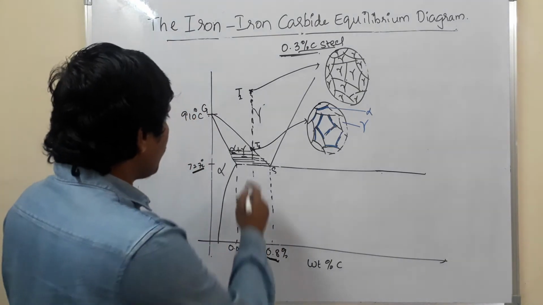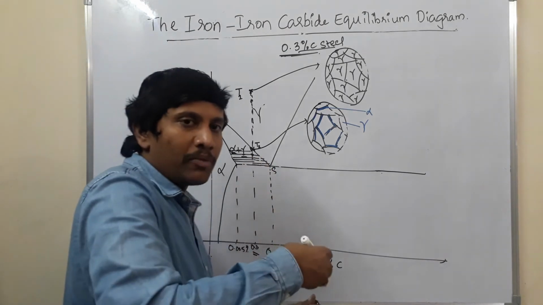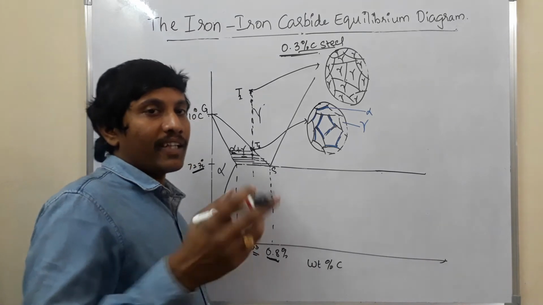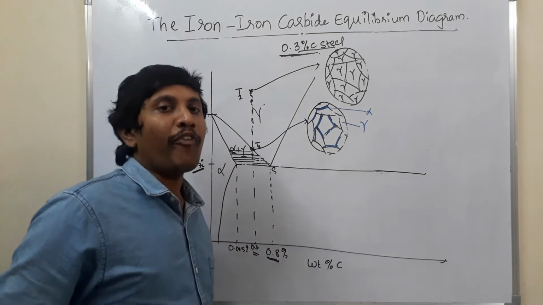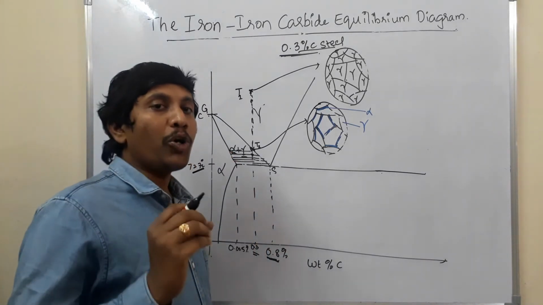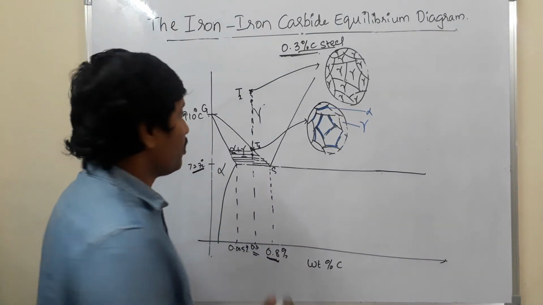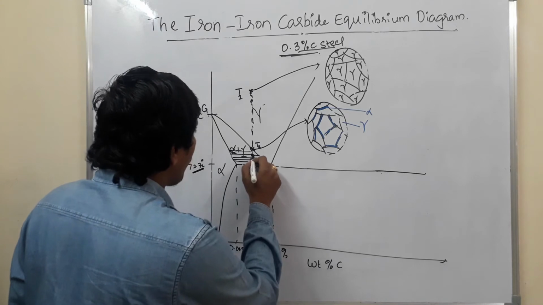Thus the alpha ferrite formed is called pro-eutectoid ferrite.